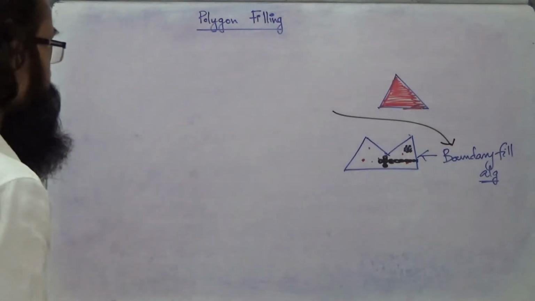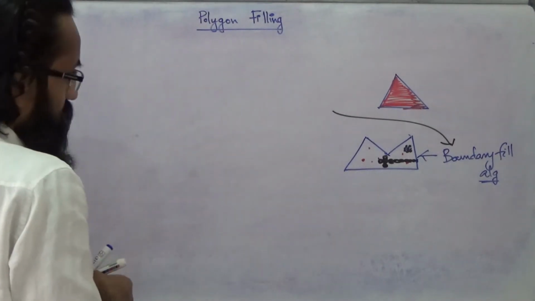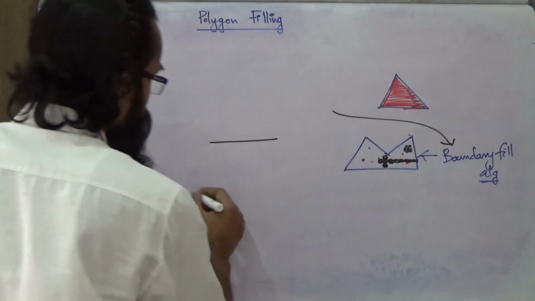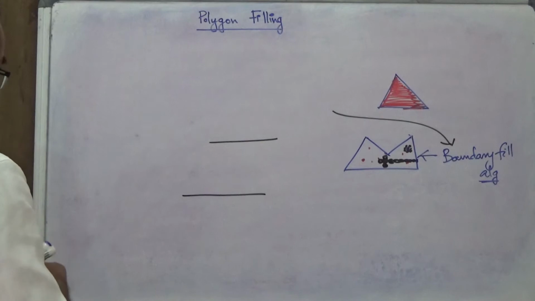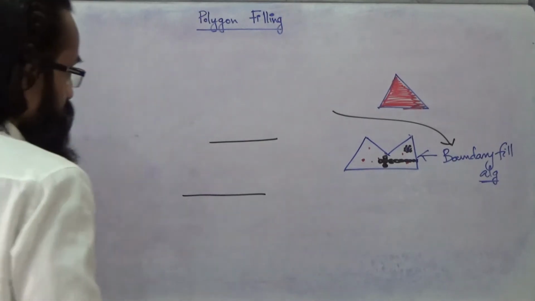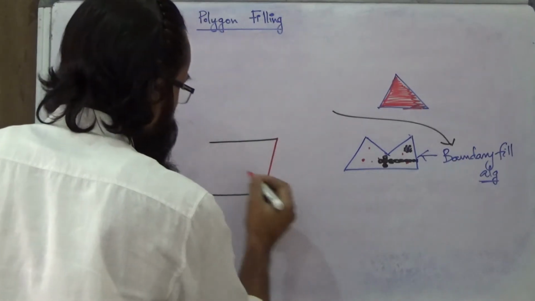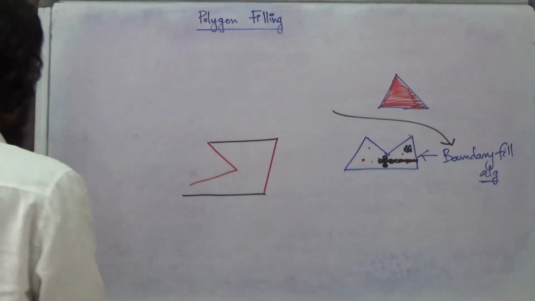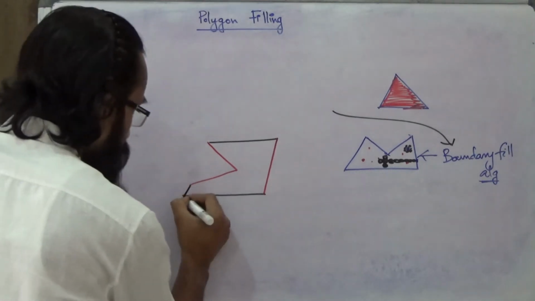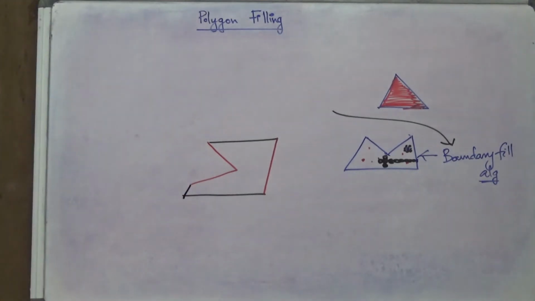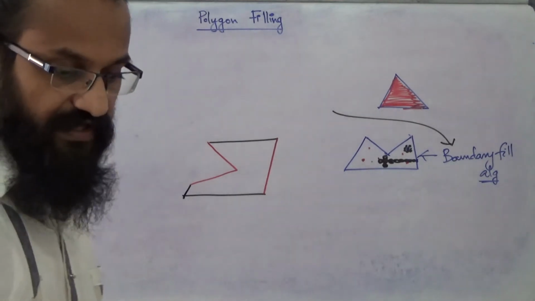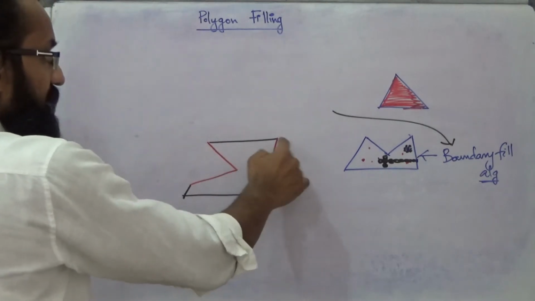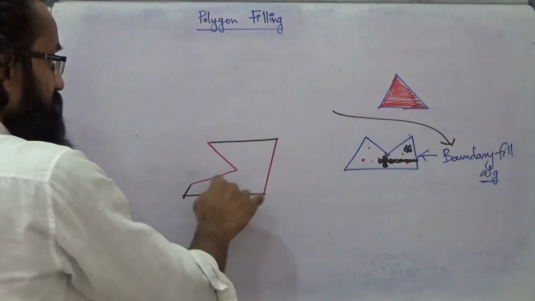Now let us consider this particular polygon. If you consider this polygon, it is not actually defined by its boundary, because boundary is of varying color. This boundary is of black color, this is of red, this is black, this is again red.